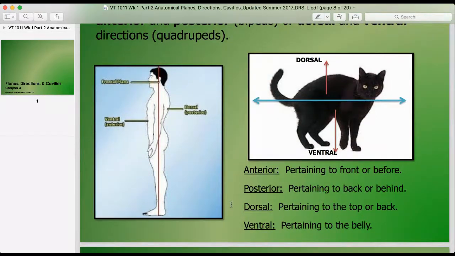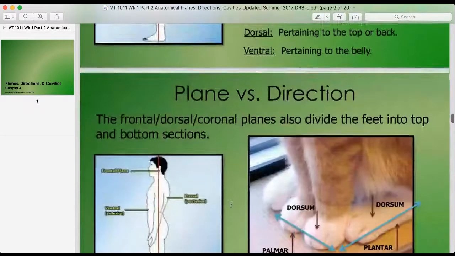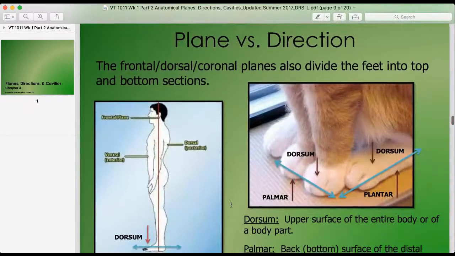And anterior pertains to the front or before part. Posterior pertains to the back or the behind part. And dorsal pertains to the top or the back, and the ventral. These terms become very important in our animals when we need to put them into a restraint position and we're trying to make sense and talk with someone else.